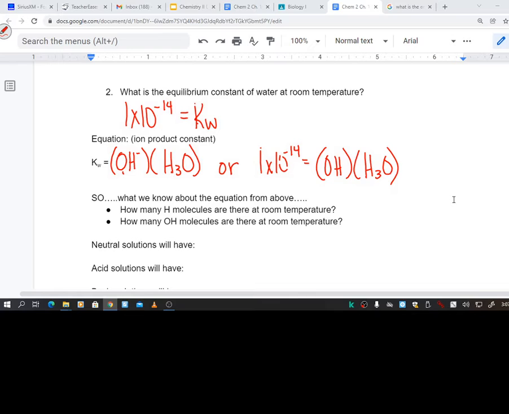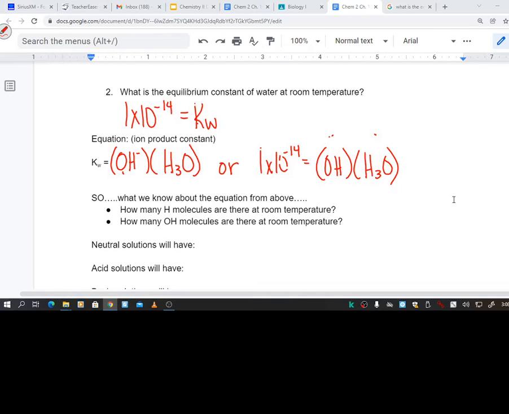Okay, so what we know about the equation from above: how many H3O ions are there at room temperature and how many OH ions are there at room temperature? So here's what I mean by this. At room temperature, when everything's at equilibrium, when my acids and my bases are equal and everything is good, these two things are going to be the same, right?